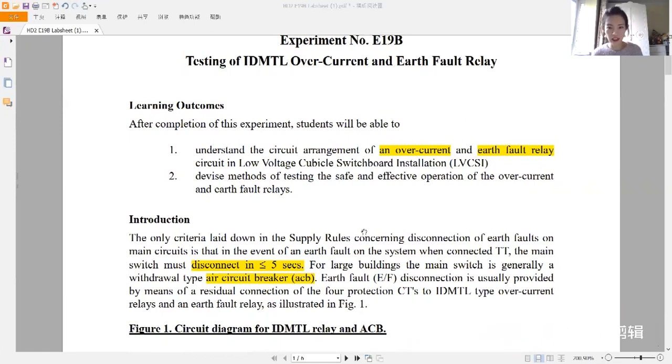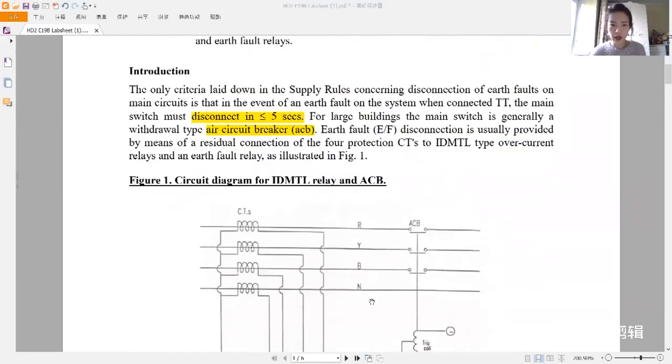Earth fault disconnection is usually provided by means of residual connection of 4 protection CTs to IDMTL type overcurrent relays and earth fault relay. In Figure 1, we can see the connection between the CTs and the IDMTL type overcurrent relays and earth fault relay.